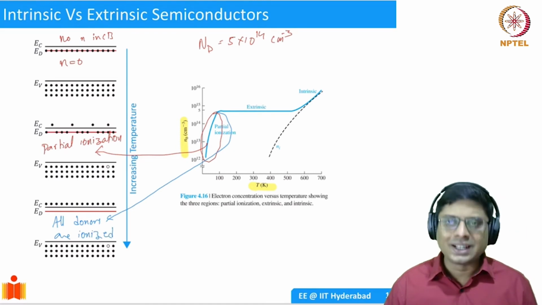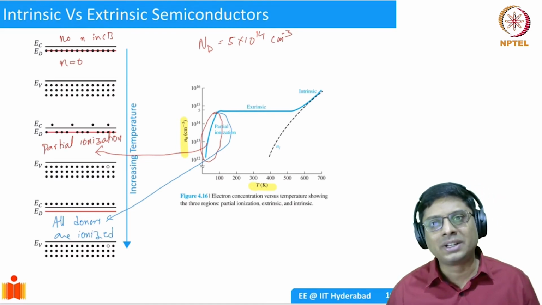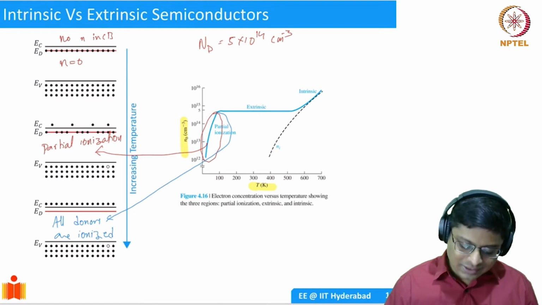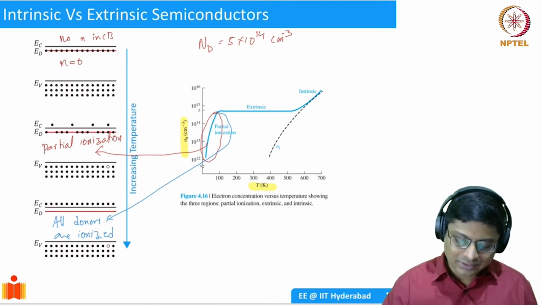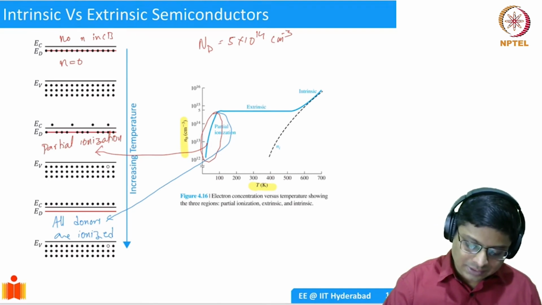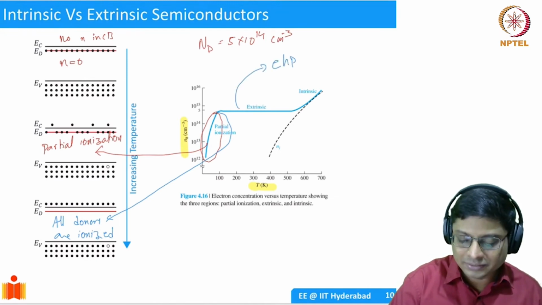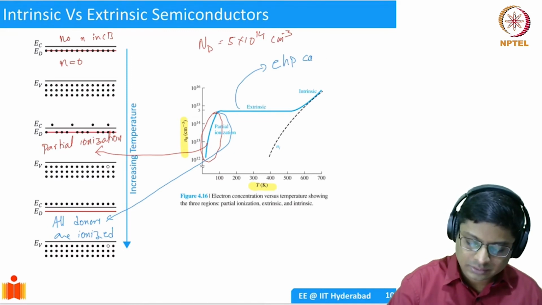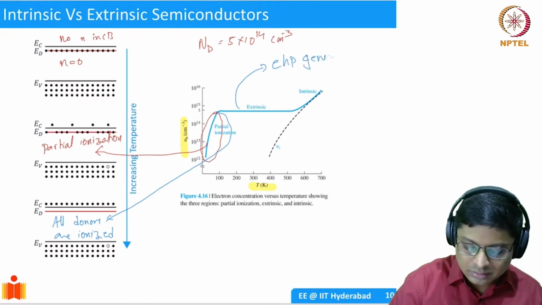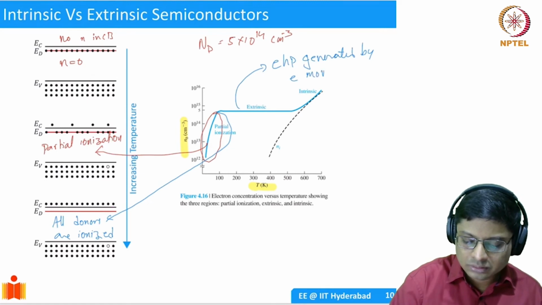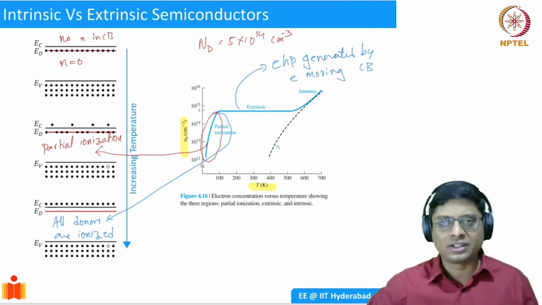And then there is nothing much. If you increase the temperature further, what should happen? Well, electron hole pairs can be created, generated by electrons jumping from the valence band into the conduction band.